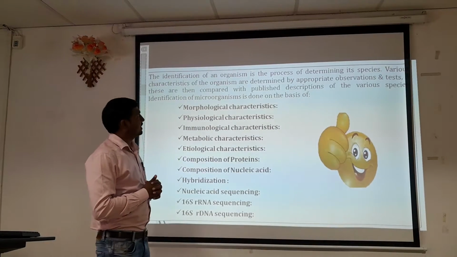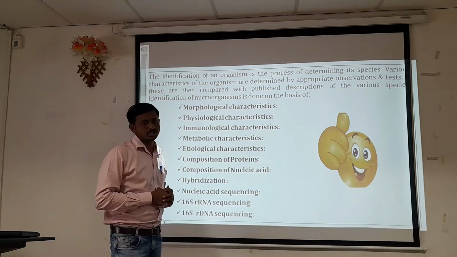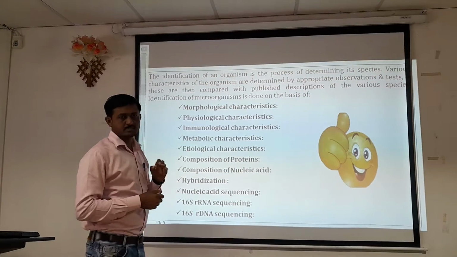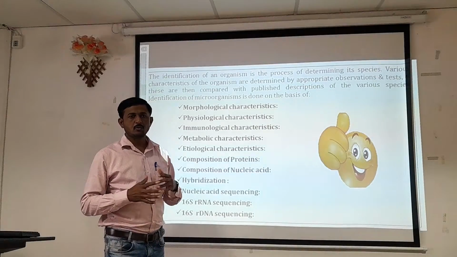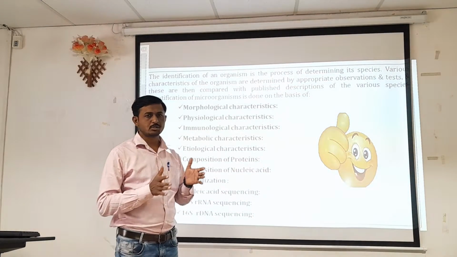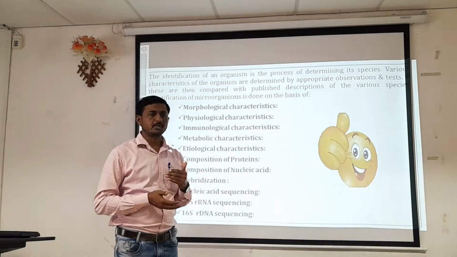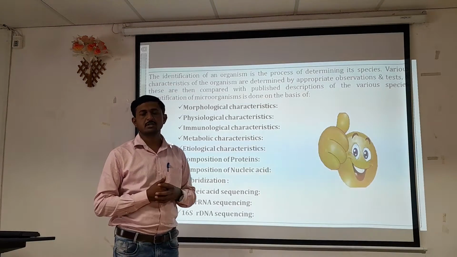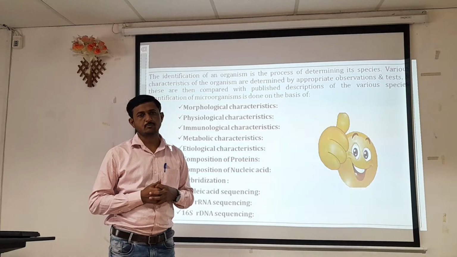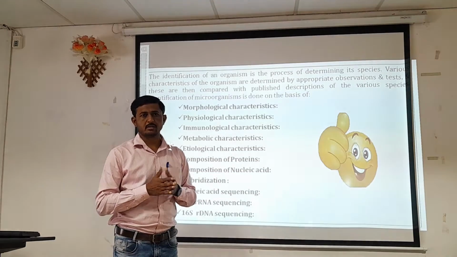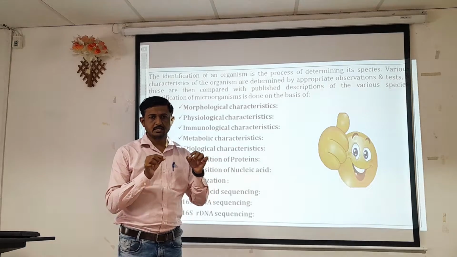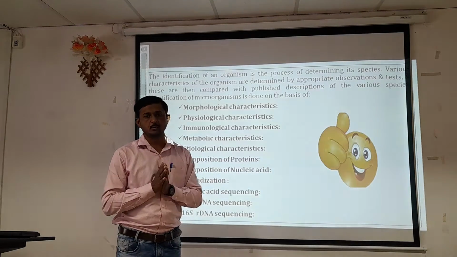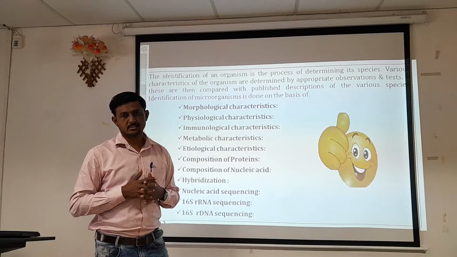Here, the identification of an organism is the process of determining its species. While characterizing a particular organism, we carry out a set of protocols by which we can carry forward the classification and identification of that organism, so that we can place it at its own special position in the classification system.